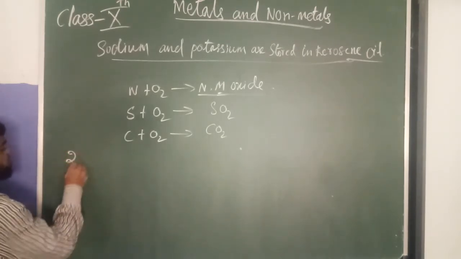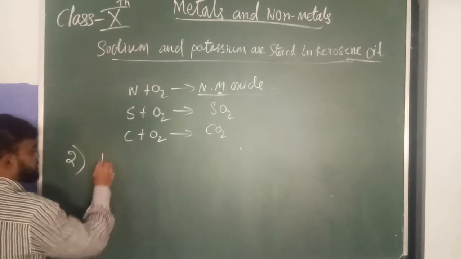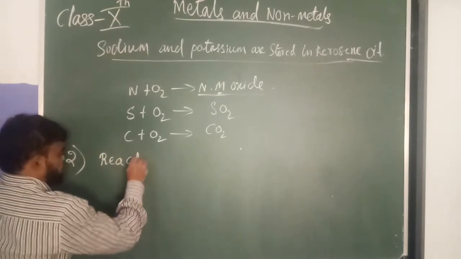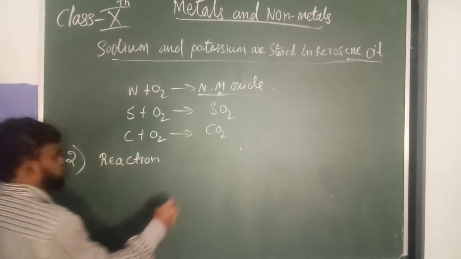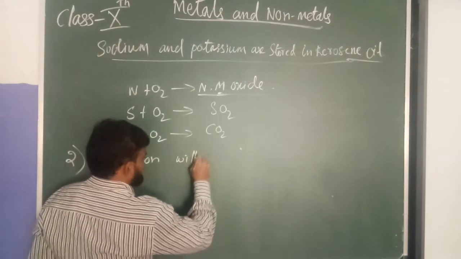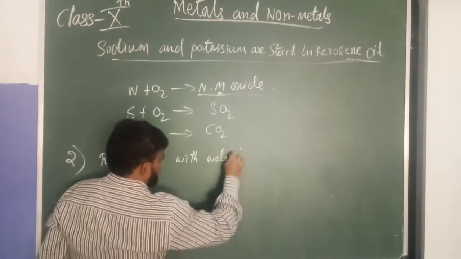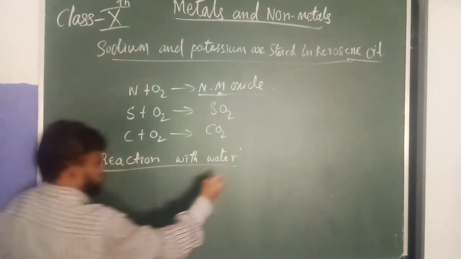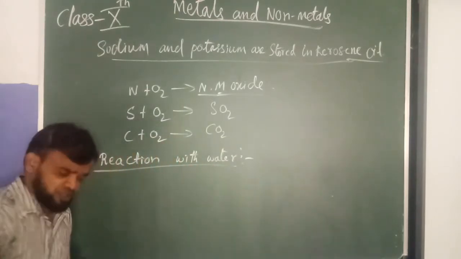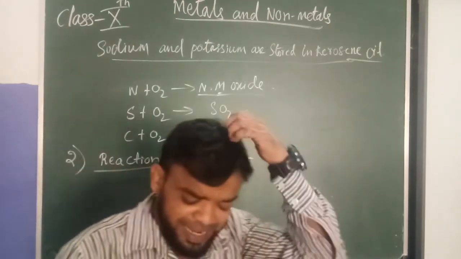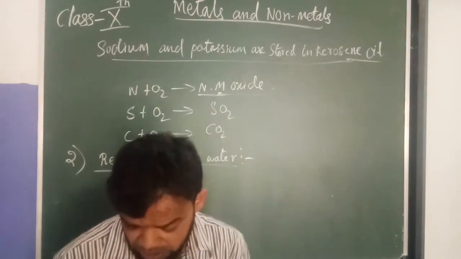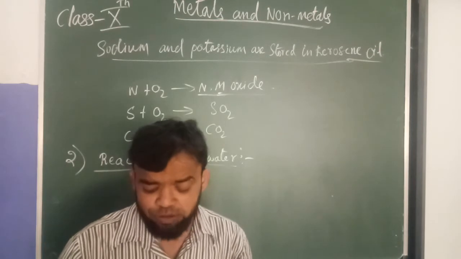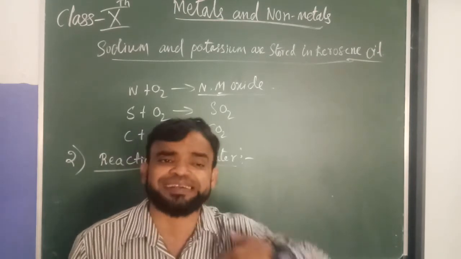Next I am going to explain the reaction with water. The second point is the reaction with water. First we took the reaction with air. Now we are taking the reaction with water. When metals react with water, they form metal hydroxide and hydrogen gas is released.